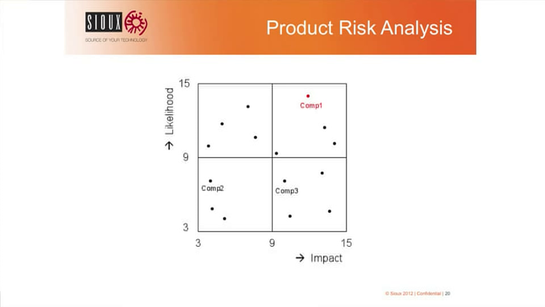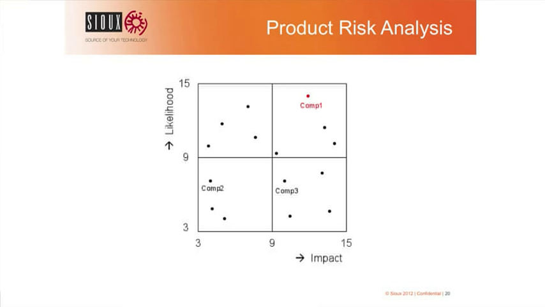When this is the place in the matrix when it was handwritten, we can see that the impact will stay the same, whether it's handwritten or generated, because a problem in this component will result in a system crash, will result in an unusable system, may even result in machine damage. So the impact will not change, whether you are writing this code by hand or using code generation techniques.